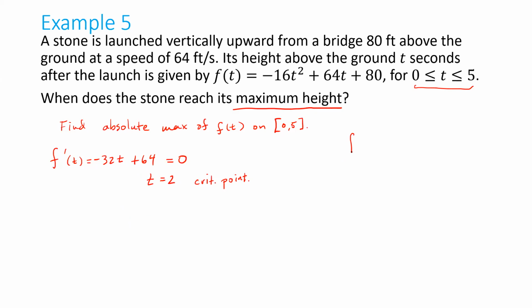So then we check what's the height at 0, at 2, and at 5. Okay, so you can see f of 0 would be 80. Which makes sense. That's where he's starting, 80 feet above the ground standing on the bridge.